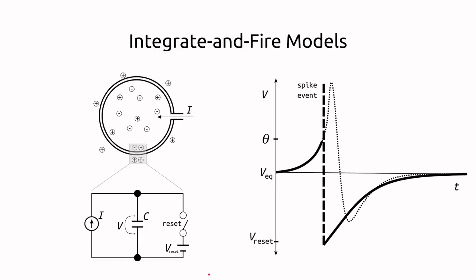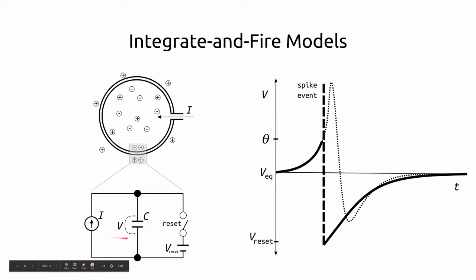The first class of neuron models we're going to talk about is the integrate and fire models. They model the neuron as an electric circuit, where the membrane of the neuron is treated as a capacitor, and the membrane potential is the charge across that capacitor, which is charged up by some input current. When it reaches a threshold, it spikes and resets the voltage to some predetermined reset voltage.